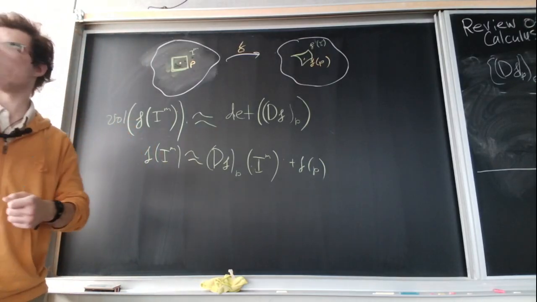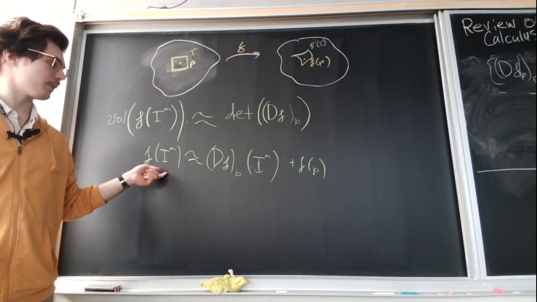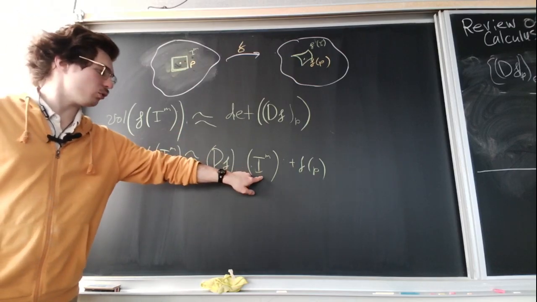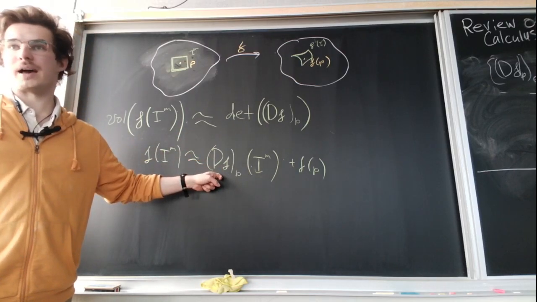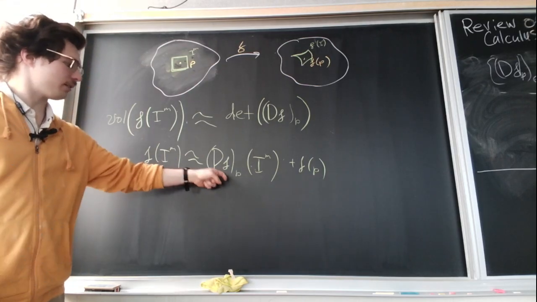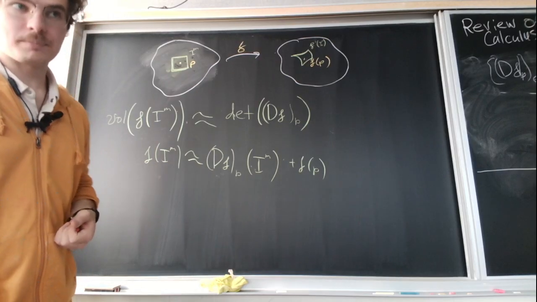But shifting shouldn't change the volume, so I can ignore it when I compute the volume. And so I'm really looking at the volume of a unit cube being mapped by this linear map. But that's precisely the determinant of this thing. Do you agree?